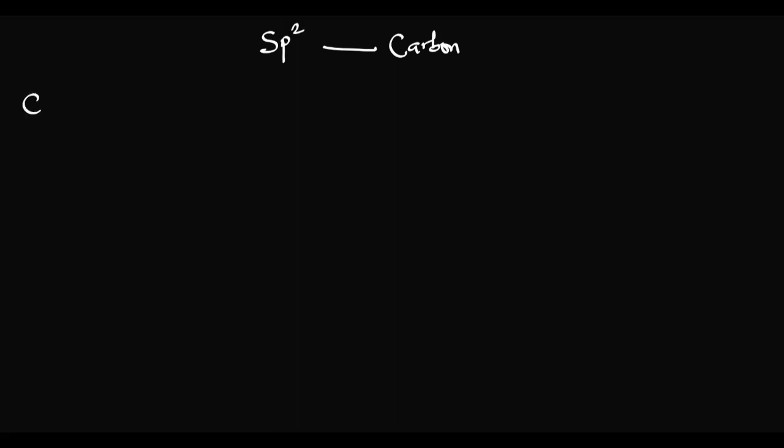So how does this look? First of all, let's represent carbon, its orbital configuration. Okay, so this is how it looks. It's 6.